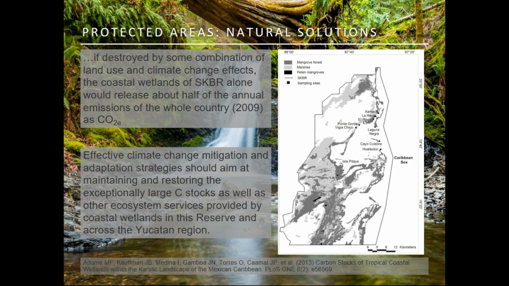So protected areas are an excellent tool for the climate change agenda, but they obviously contribute in a significant way to the ecosystem services they provide to human well-being. A huge amount of sustainable lobster is fished here in the Sian Ka'an Biosphere Reserve by local communities.